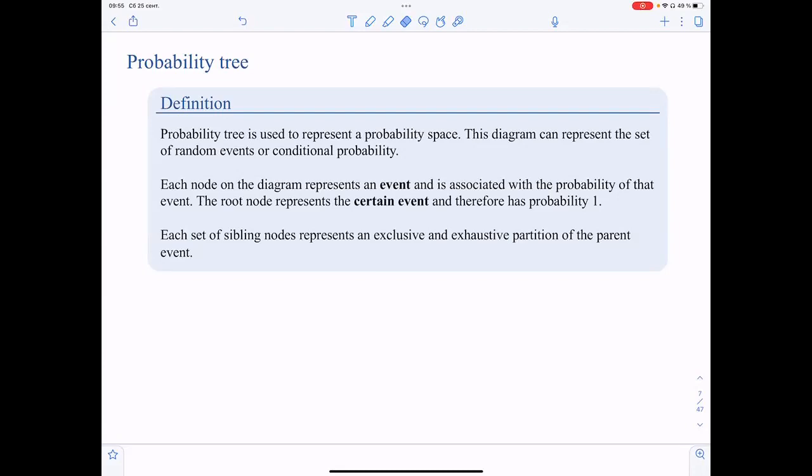The idea about that is the following. You're drawing a tree starting from the very beginning in order to visualize all of the events and parts that are happening in the problem. So let me structure the previous problem that was related to the defect machines with the probability tree concept.